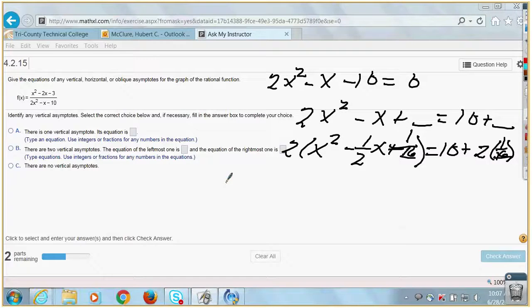And that's going to give you 2 times x minus 1/4 quantity squared is equal to 10 plus 2 over 16, which is 1/8.